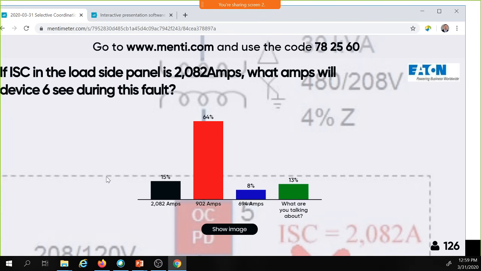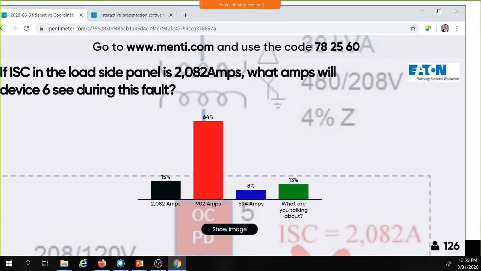Well, what I'm talking about here is the fact that we have a transformer in the picture and the transformer doesn't cease to do its job when there's a fault downstream. I have to consider the reflection of the current from the secondary side to the line side.